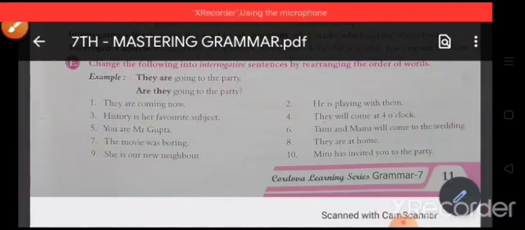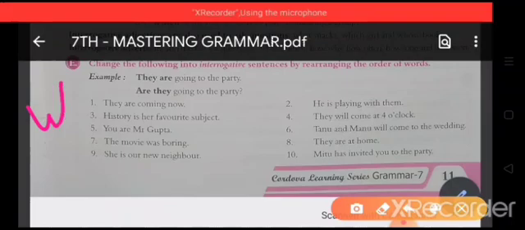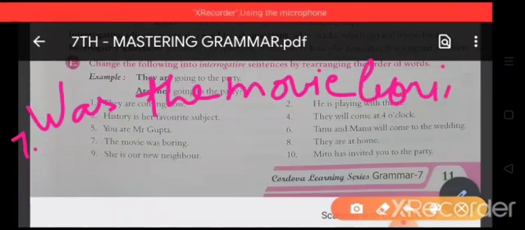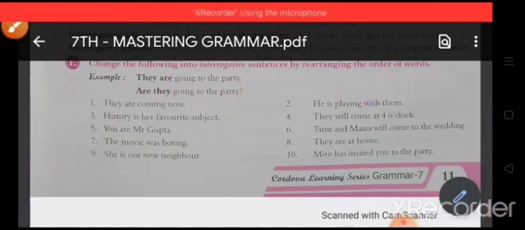Now next is: the movie was boring. This is seventh. Was the movie boring? Eighth: they are at home.